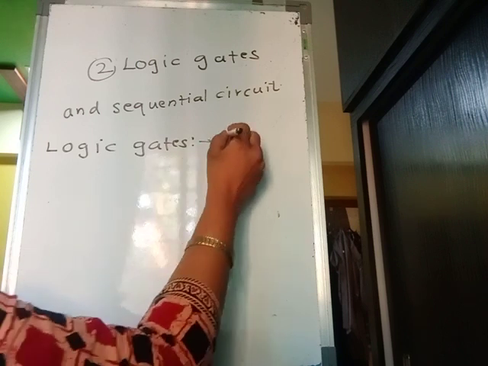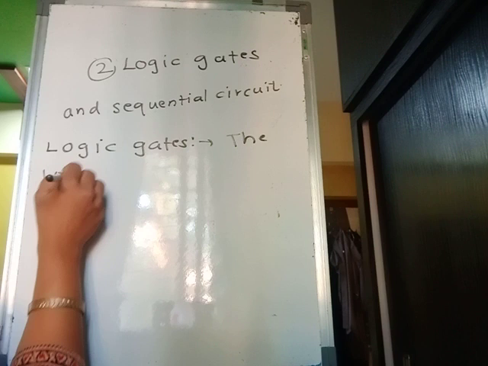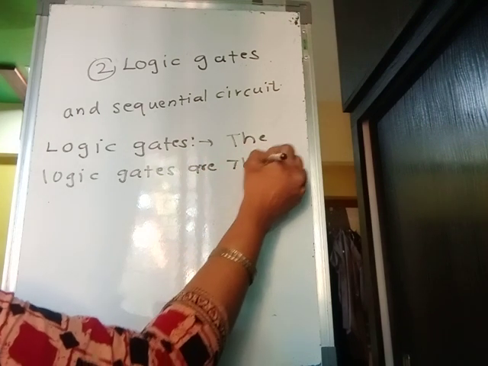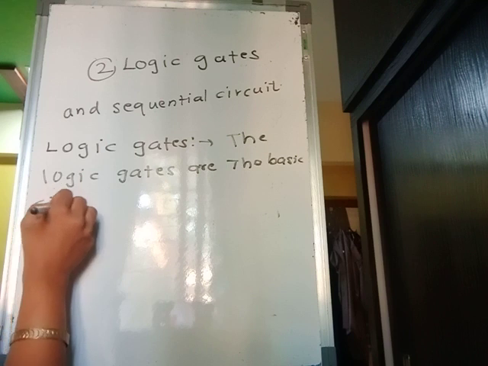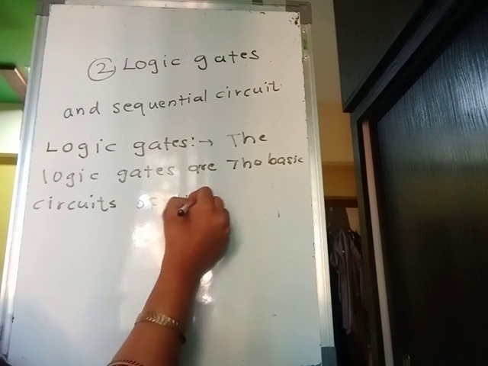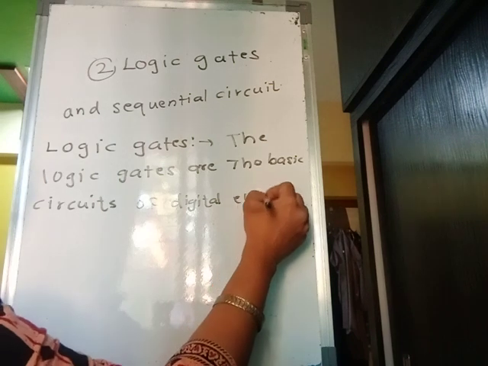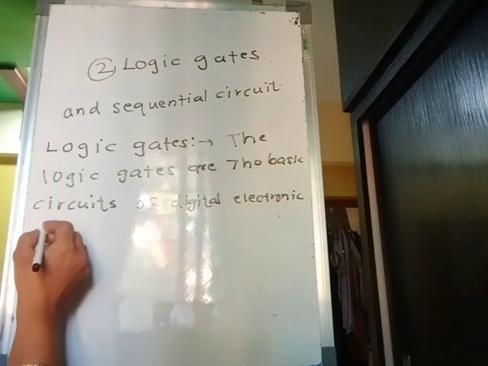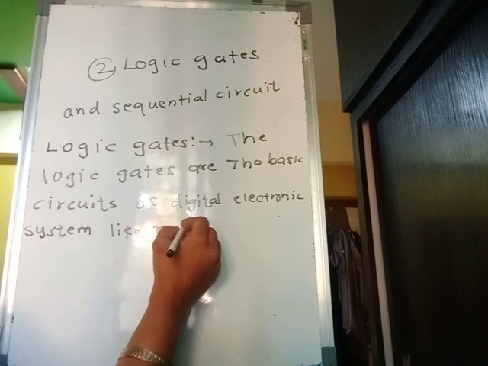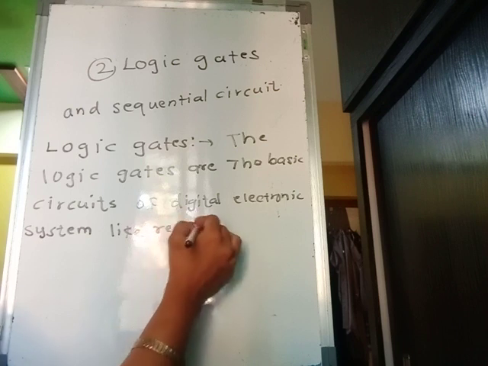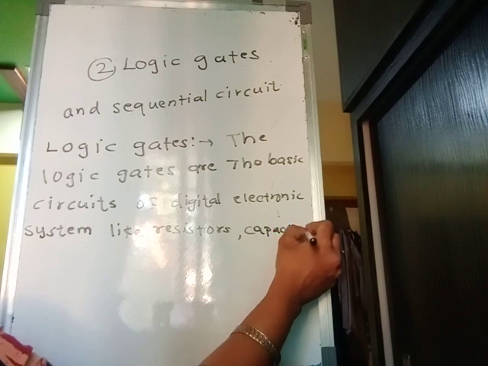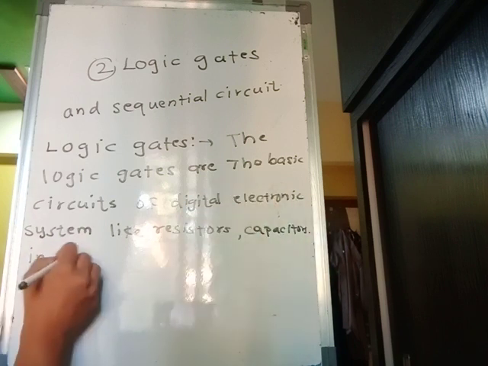The logic gates are the basic circuits of digital electronic system like resistors, then you have the capacitors, in analog circuits.